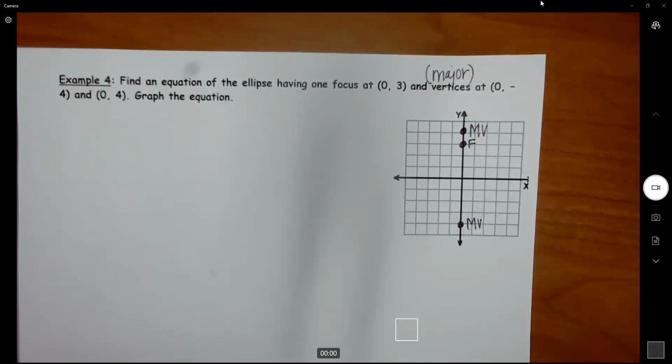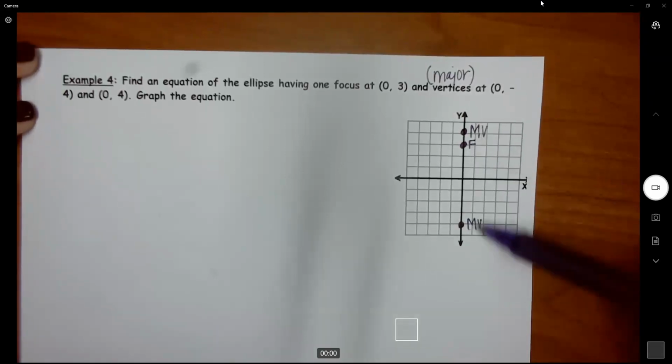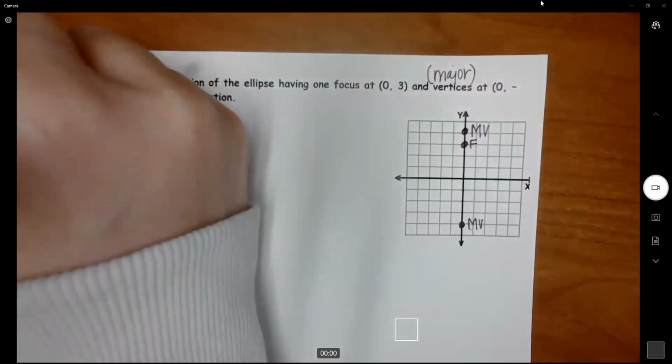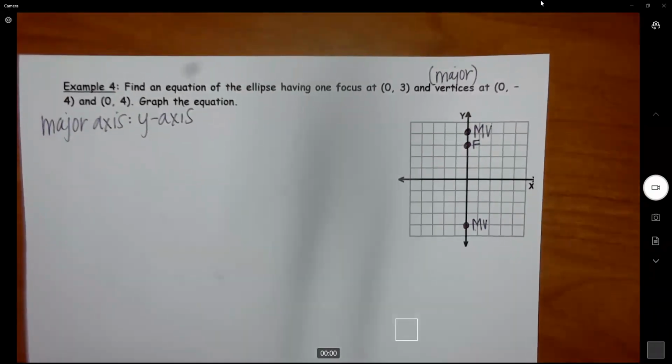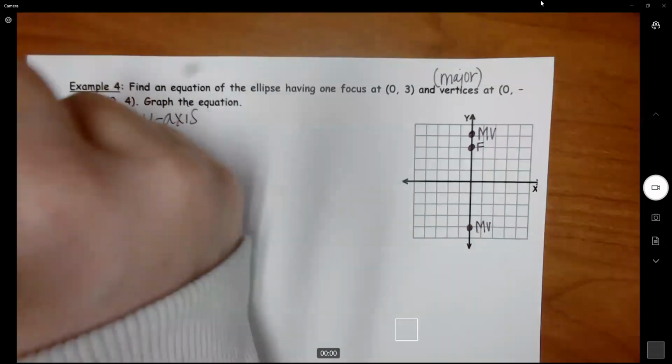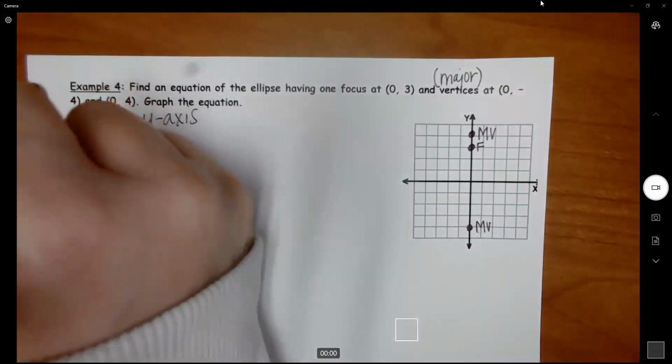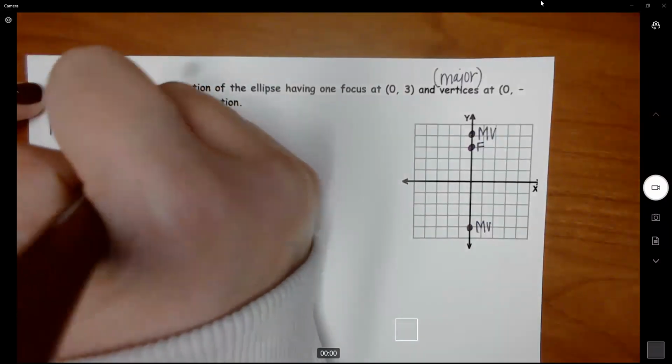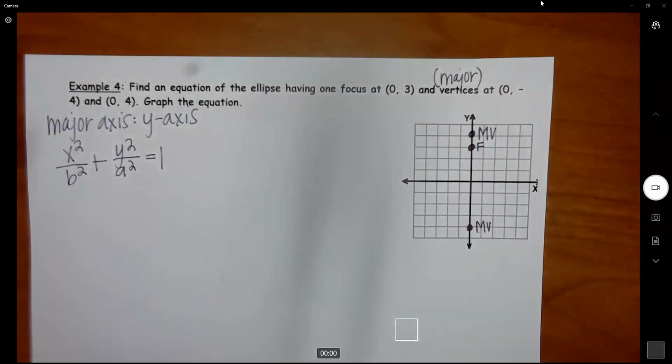So because my focus and my major vertices are on the y-axis, let's first just note that my major axis is the y-axis. That's important because now I know that my equation is x squared over b squared plus y squared over a squared equals 1.